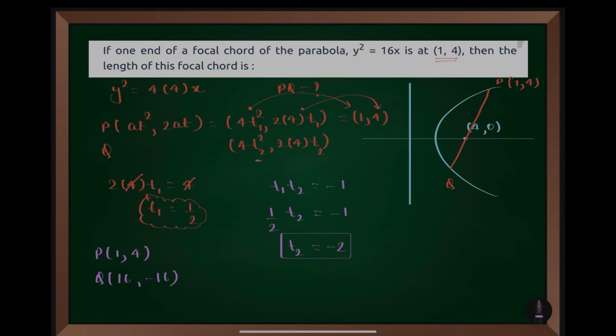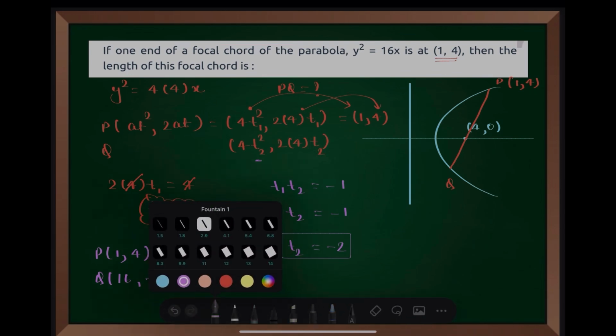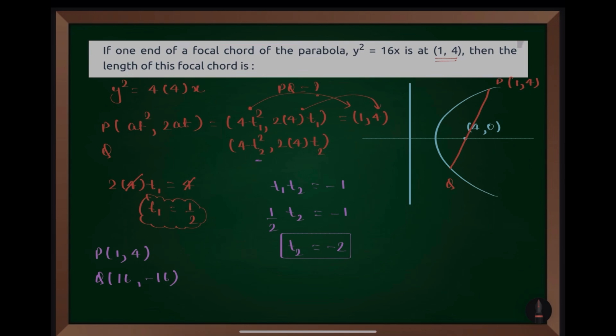Okay. Now let's find out the distance PQ. So PQ will be what? Root over this: 16 minus 1.